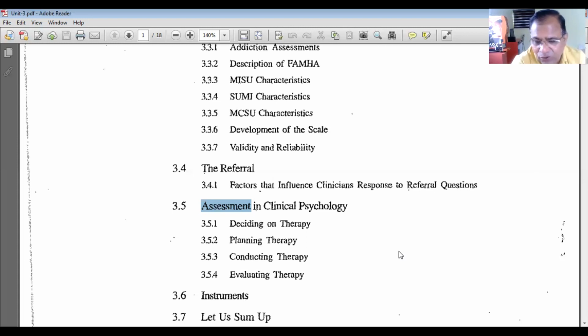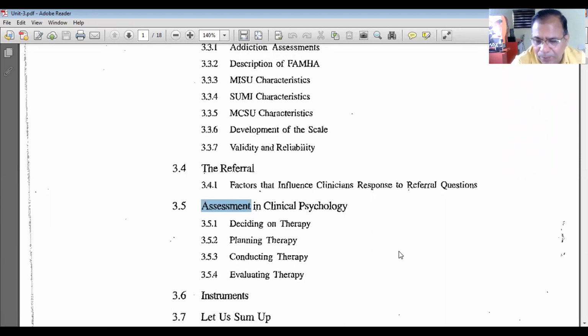As the evaluation process begins, we are shifting towards making treatment. That process is called diagnosis and treatment, or it can be called evaluation and treatment.